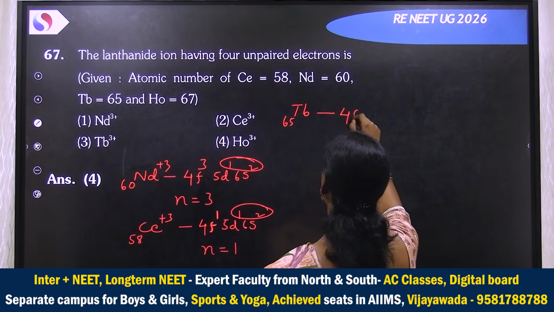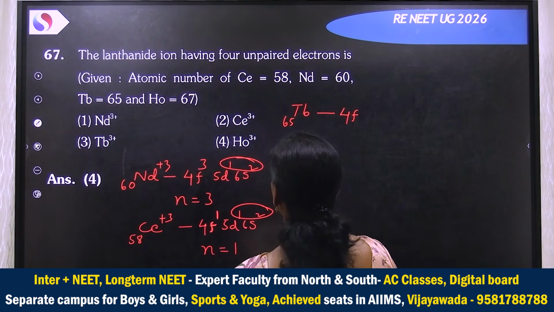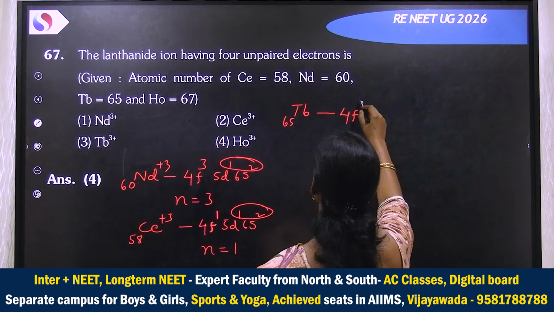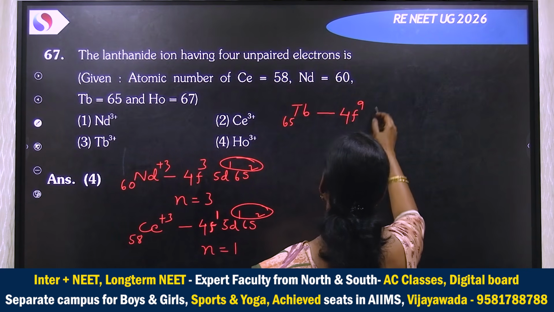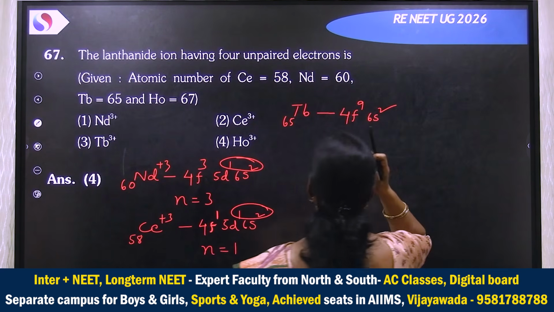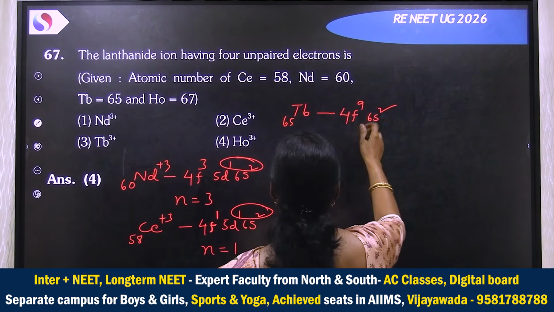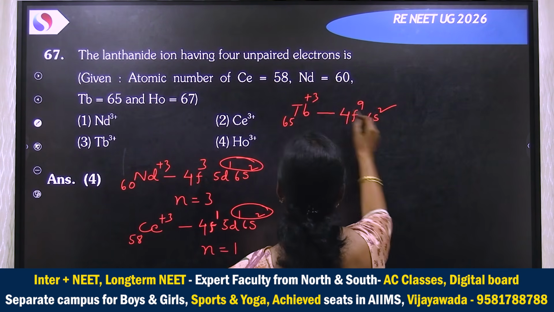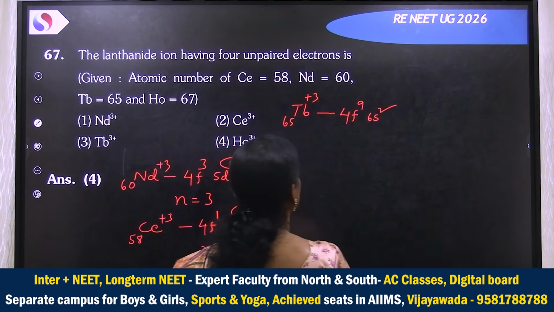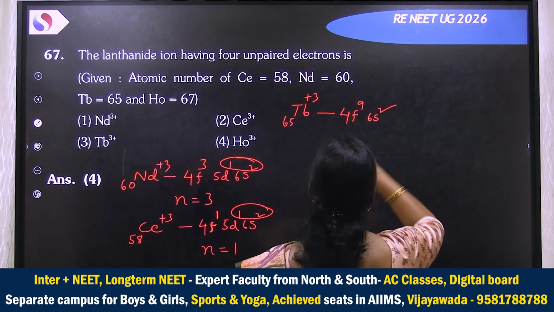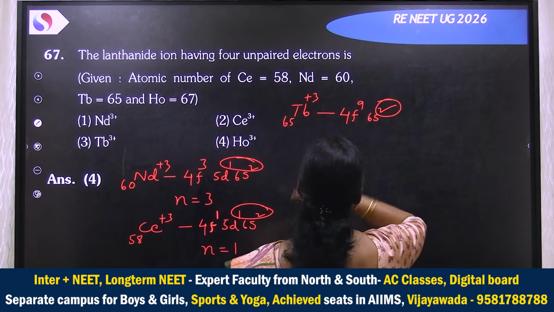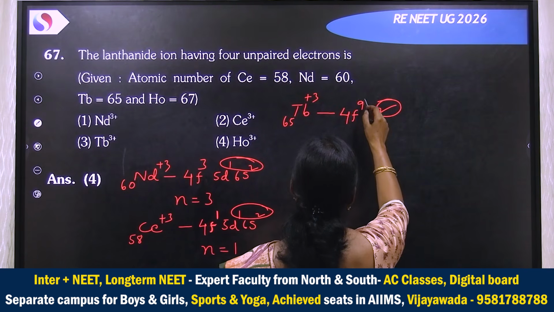So 4f8 and 5d1, 6s2. But in order to get stability, the d electron enters the f subshell. So 4f9, 5d0, 6s2. So terbium plus 3 means 2 electrons from the s subshell and 1 electron from the f subshell are lost.